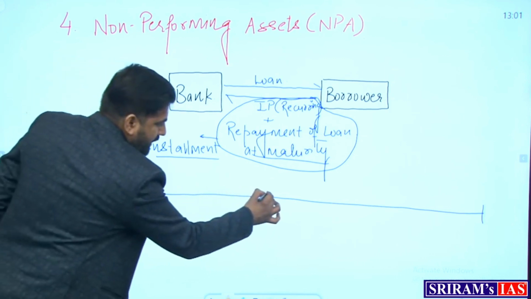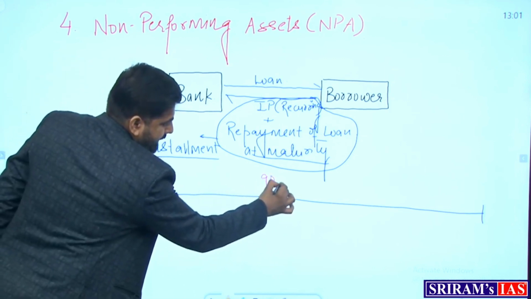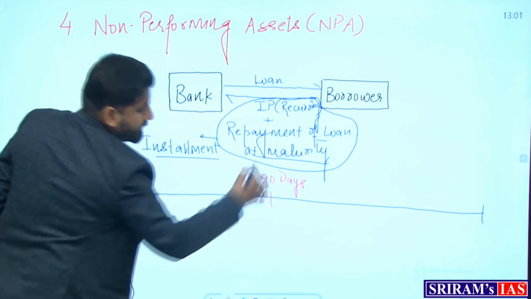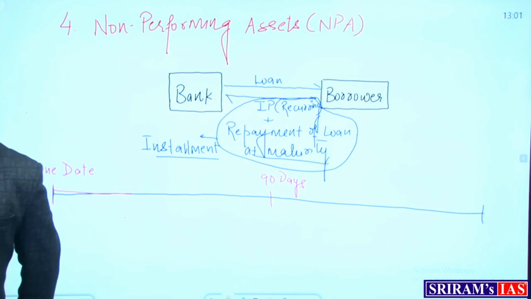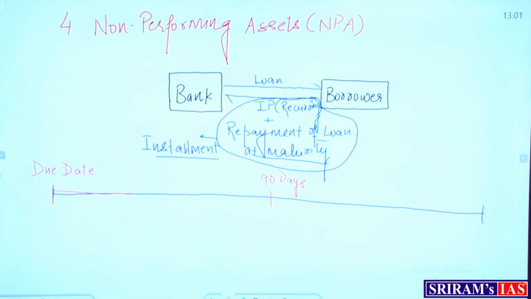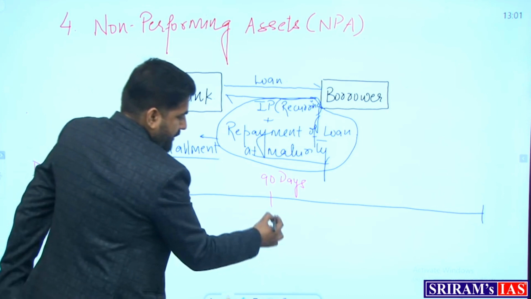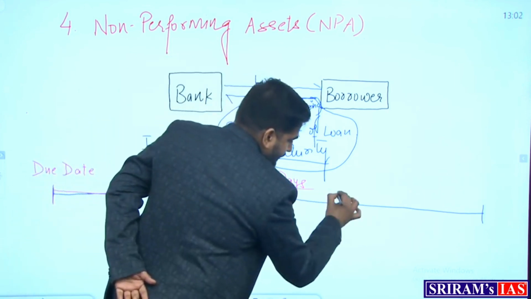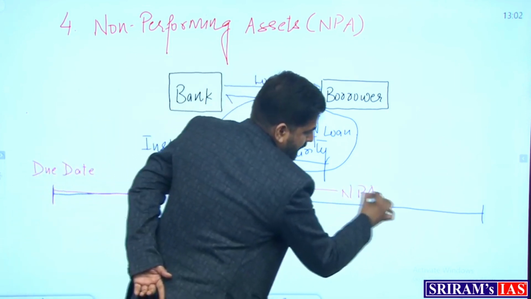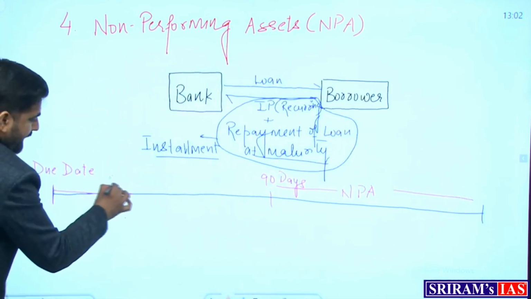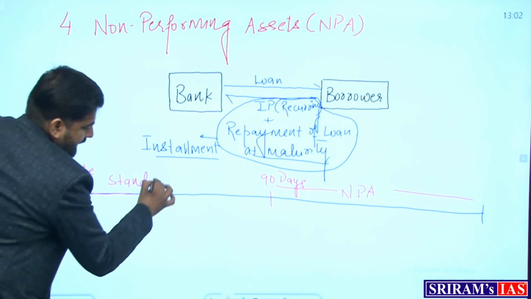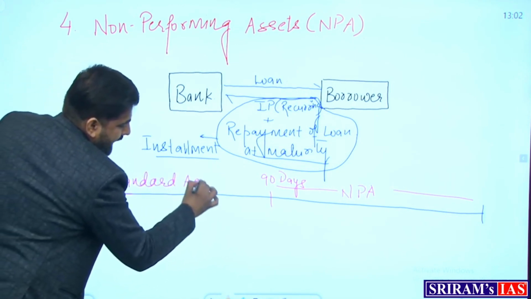Slowly, when the due date crosses 90 days, which means the installment amount or the interest payment has not been paid for more than 90 days, then that asset converts into a non-performing asset. But before that, the asset is considered a standard asset.